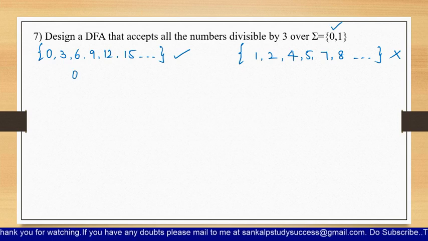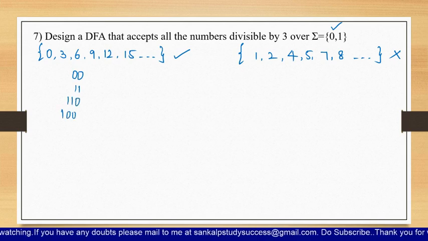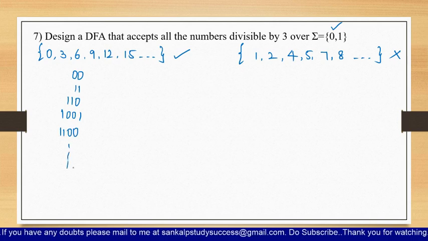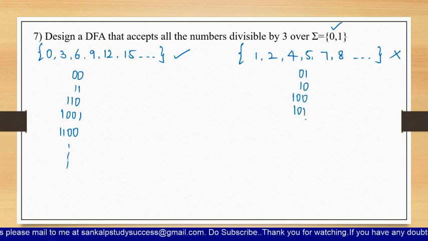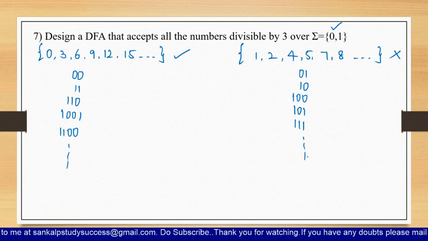So 0 is 0, 3 is 11, 6 is 110, 1001, 1100, which is 12. Like this you take all the numbers in binary format. Here 01 is 1, 10 is 2, 100, 101, 111, and so on. These are the binary numbers which are not divisible by 3.